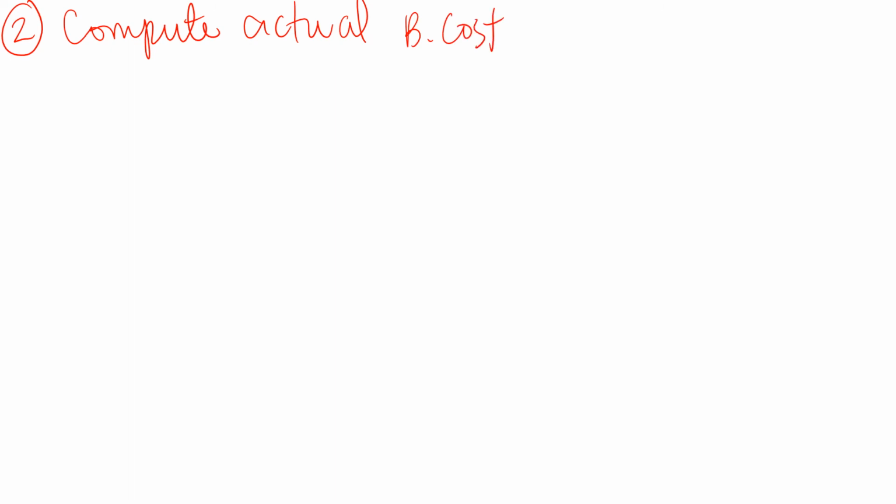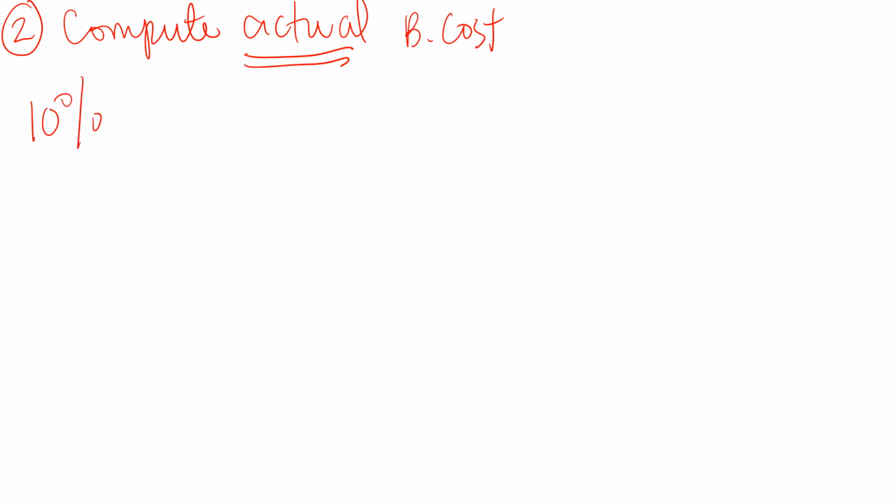Now, ang next step sa number 2 is to compute for actual borrowing costs. Take note, this is actual borrowing cost, which is related to your general borrowing cost. So, ang gagawin lang dyan, di ba remember, dalawa yung loan natin.